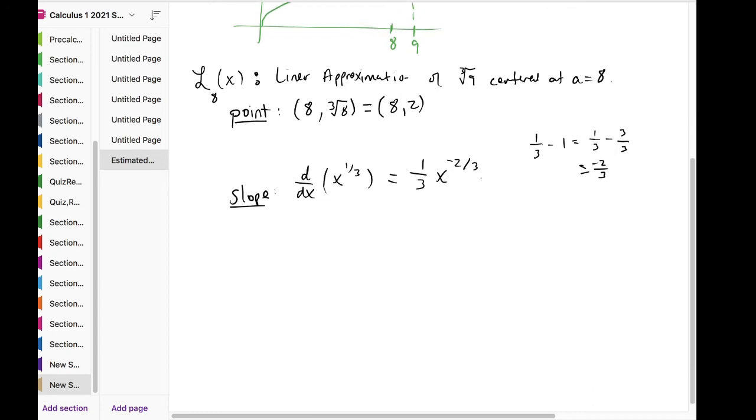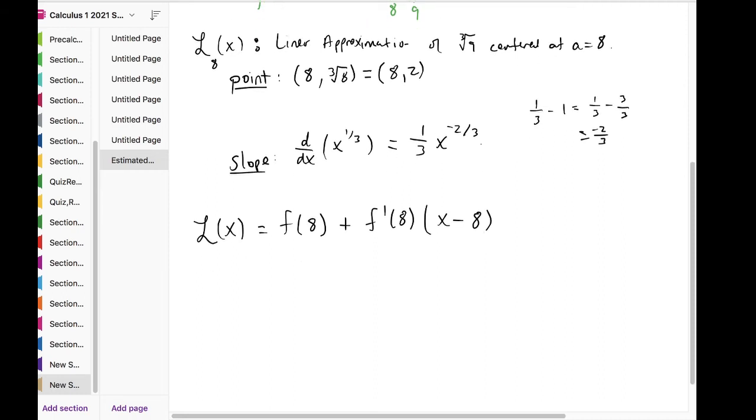Okay, so what is your L of x? So I'm just going to move the y1 to the other side. So you agree that's the same thing as what we said before? f of 8 is the point, and f prime of 8 is the slope.